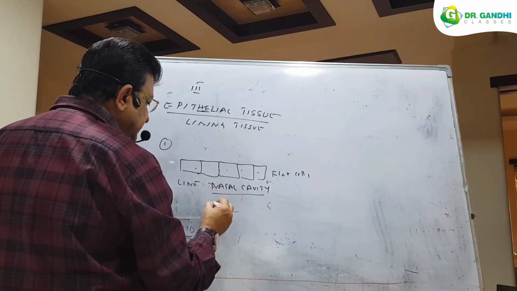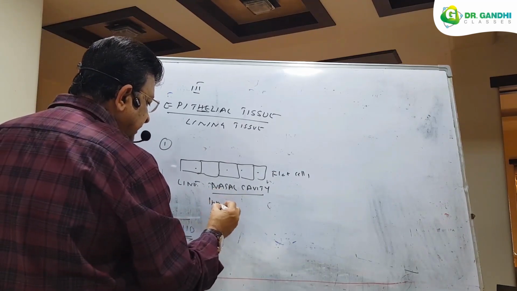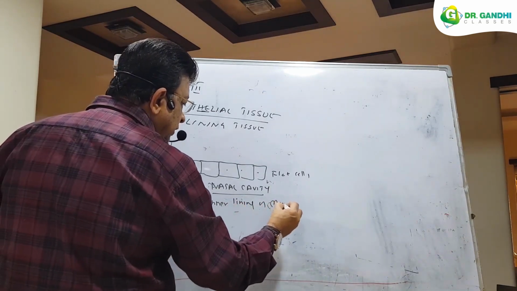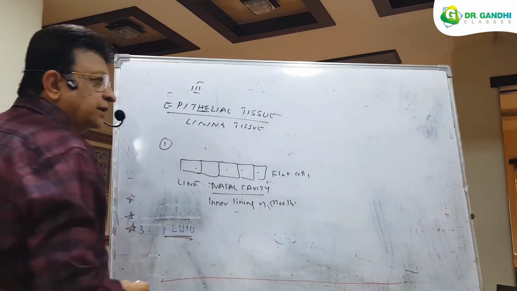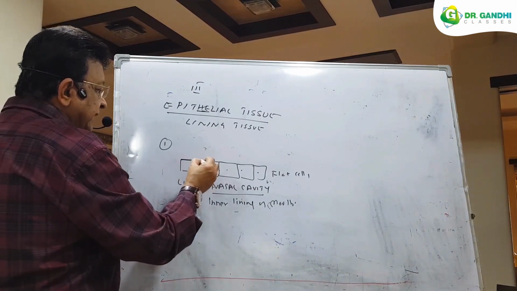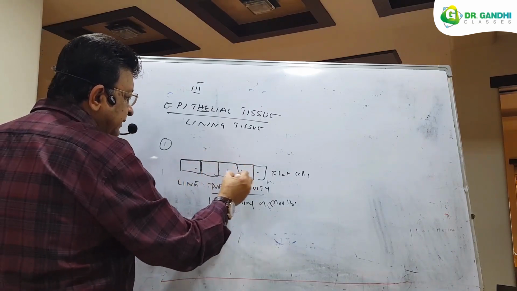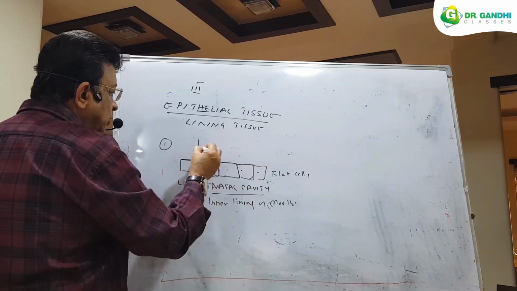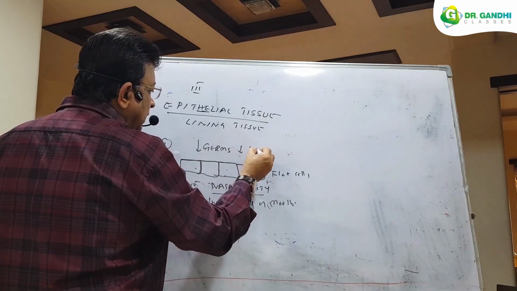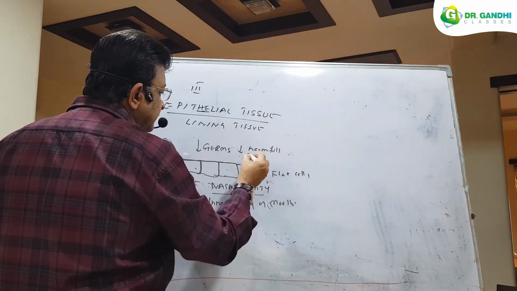It lines your nasal cavity and the inner lining of the mouth. Now what is its function? It is very easy. Because they are flat, they don't have any intercellular space. Therefore, they protect you from germs and from harmful chemicals.